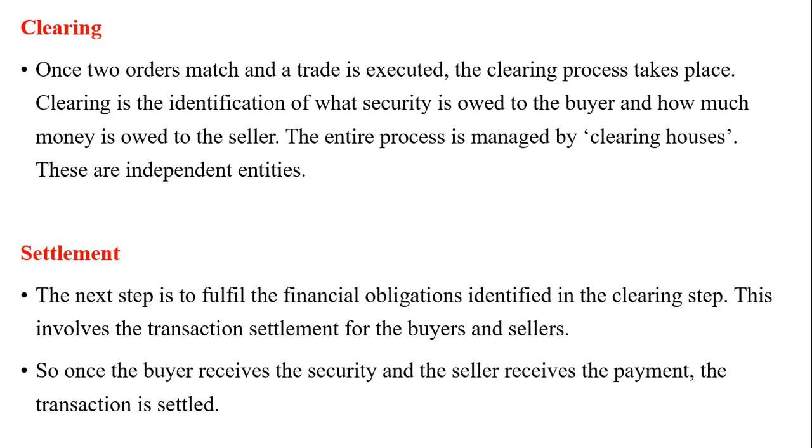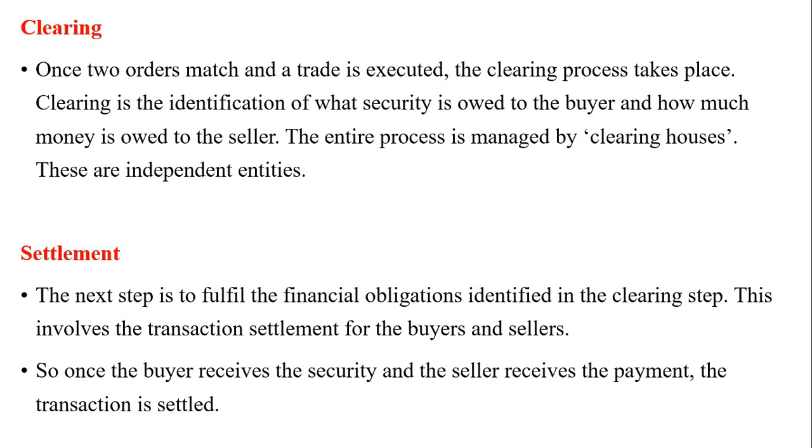Let us move to clearing. Once two orders match and a trade is executed, the clearing process takes place. Clearing is the identification of what security is owed to the buyer and how much money is owed to the seller. The entire process is managed by clearing houses. These are independent entities.